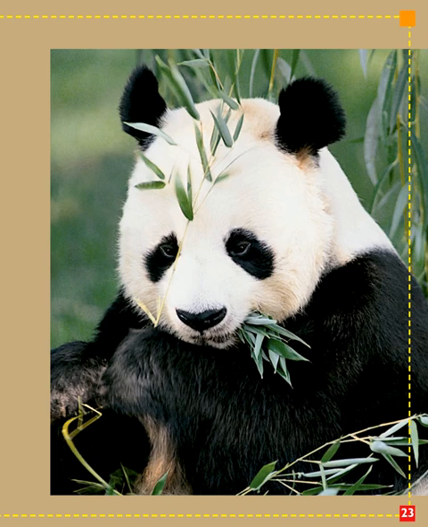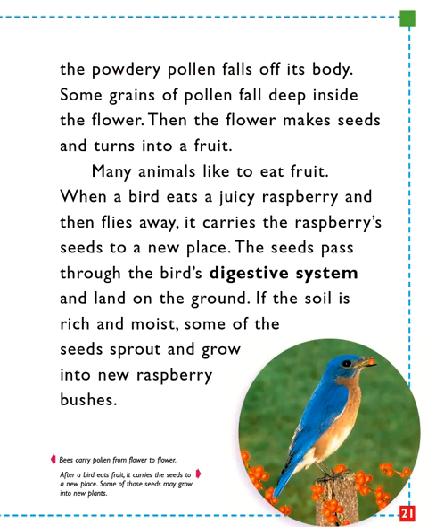The powdery pollen falls off of its body as it moves to the next flower. Some grains of pollen fall deep inside of the flower. Then the flower makes seeds and turns it into fruit. So to make seeds, a flower needs pollen from a different flower.